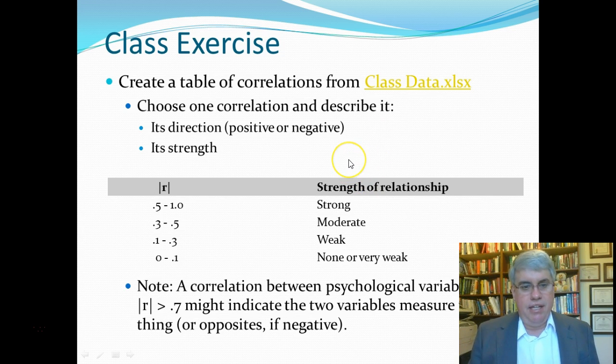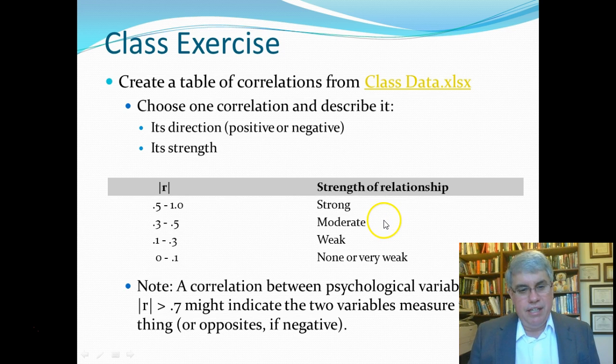And secondly, its strength. Now here's some guidelines to help you interpret how strong a relationship is. From 0.5 to 1.0, that's considered a strong relationship. They're pretty closely together. From 0.3 to 0.5, that'd be moderate.